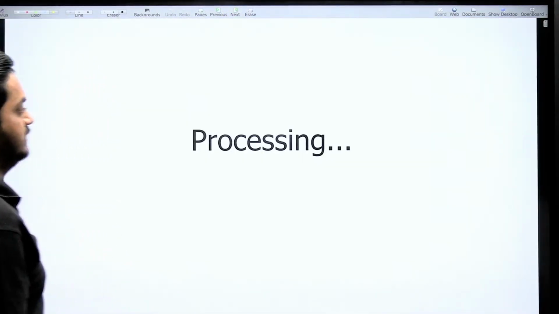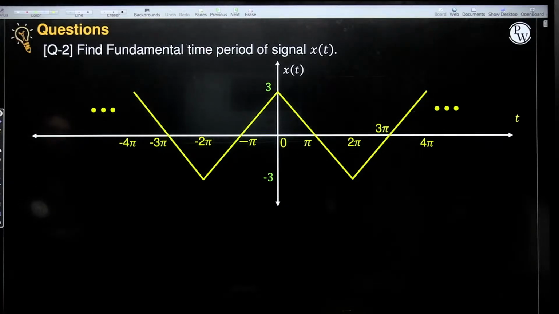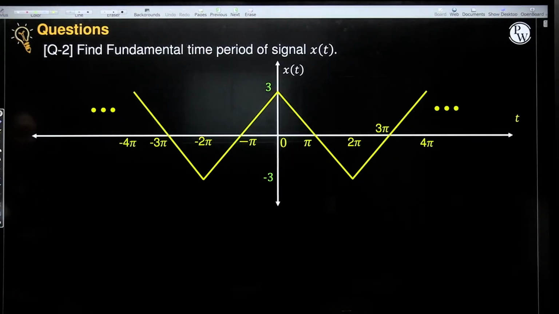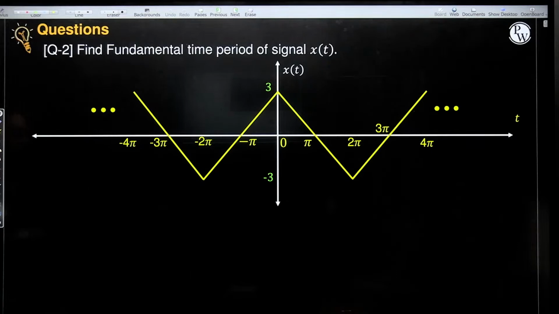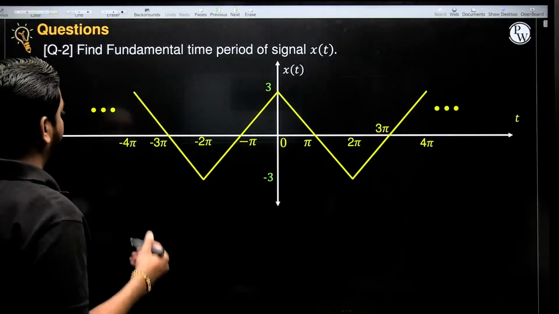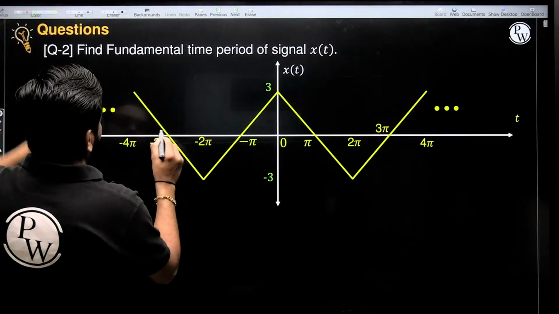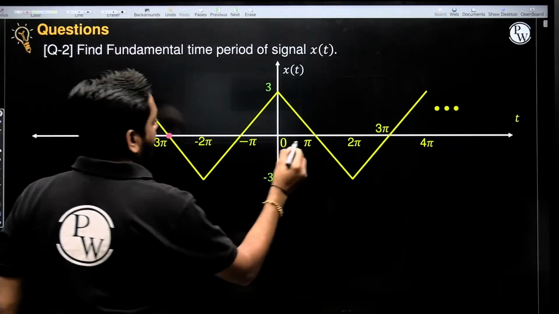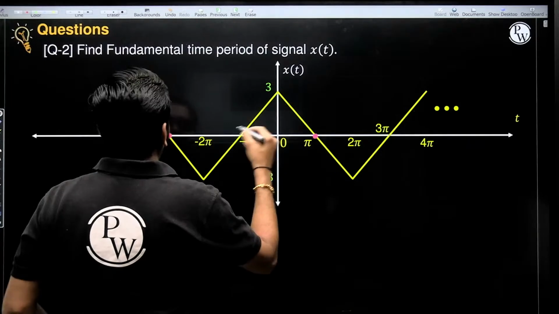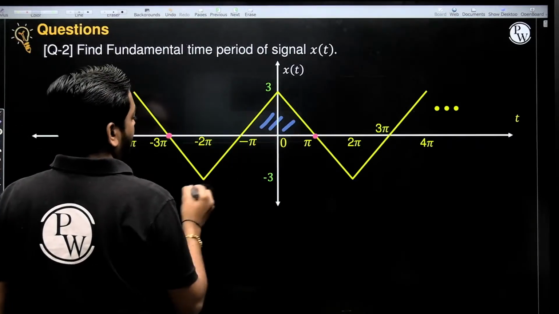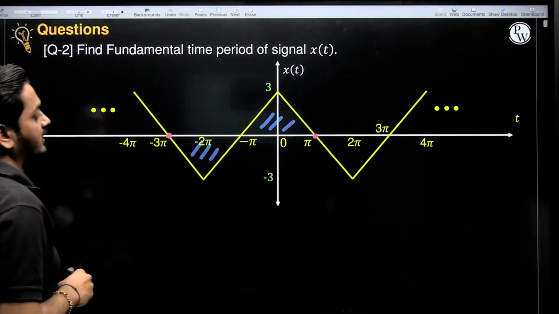Now next question. Suppose this one, guys. Find the fundamental time period. Whether it is periodic or not? Yes, this is also periodic. What is the fundamental time period? The fundamental time period is from here to here, from minus 3 pi, positive half cycle, negative half cycle, correct?